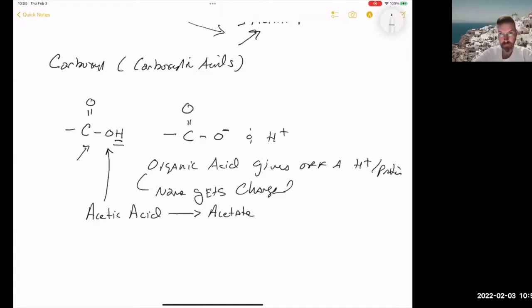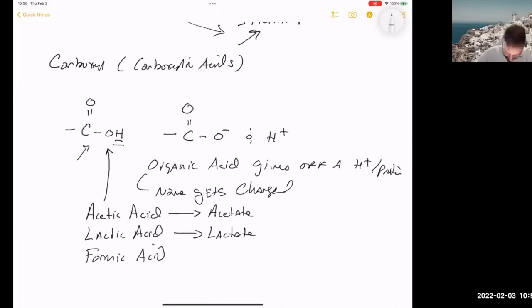Let me think of a couple of other examples. Lactic acid, that's an important one from a pathophysiology standpoint. Lactic acid, when it gives off a proton, is called lactate. Formic acid is a toxin.